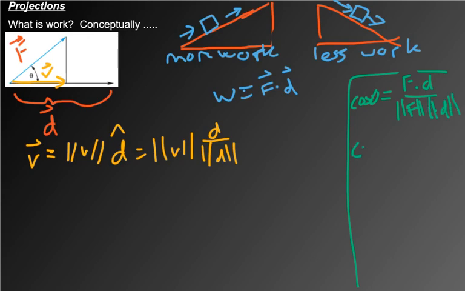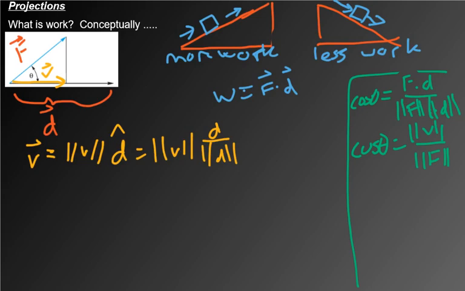We also know, just using triangles, literally SOHCAHTOA, that the cosine of theta is the magnitude of v over the magnitude of f. This over this is the cosine of that. So those two are equal. We'll use those in a second.